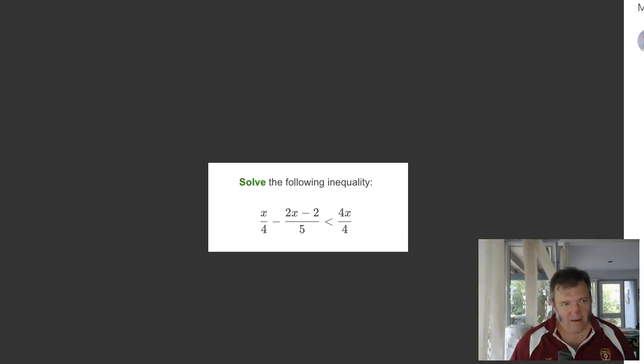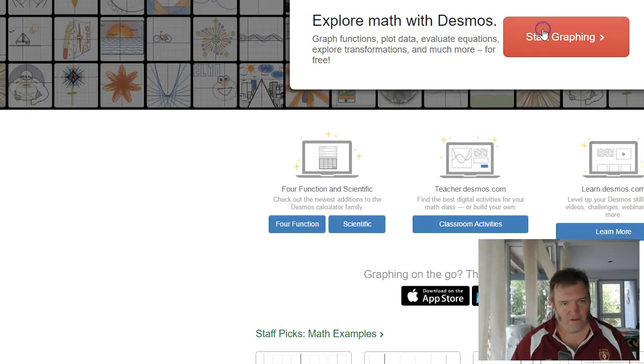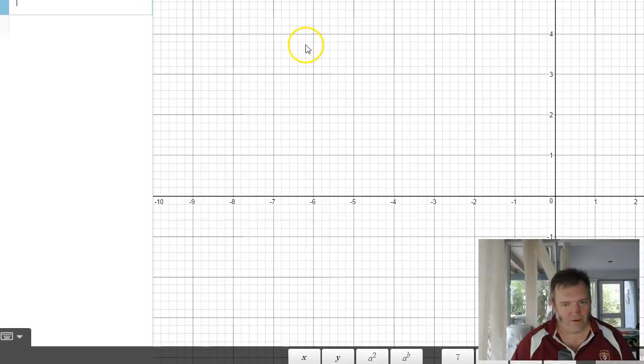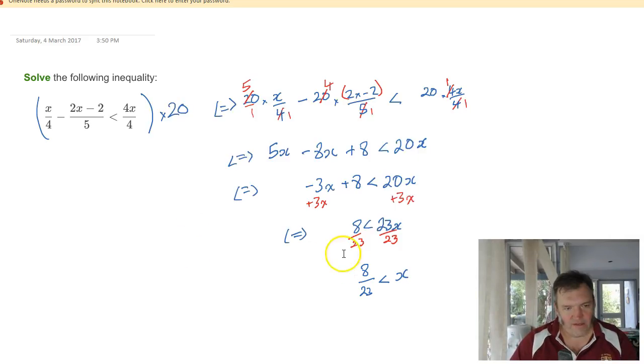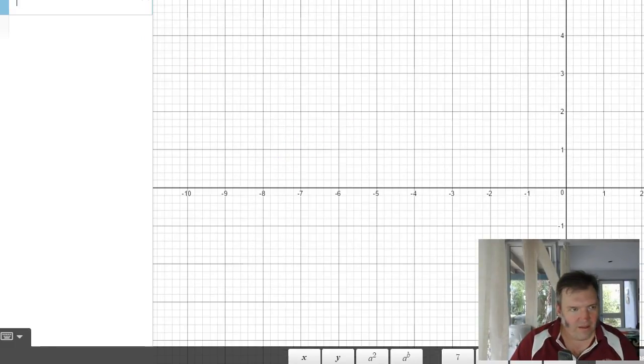If you want to check it, a good way is to go to something called Desmos. You could do it on your graphics calculator as well if you've got one. But Desmos is a good little site that helps us graph things and check our answers. So here, we started off with x over 4 minus 2x take 2 over 5. I'm just going to type that in. You can't quite see it in the frame there.